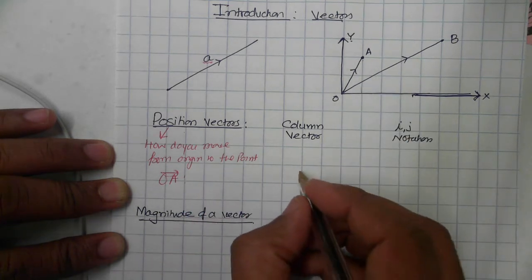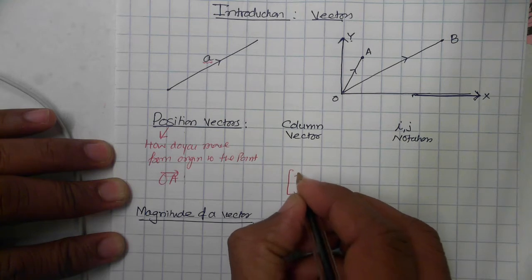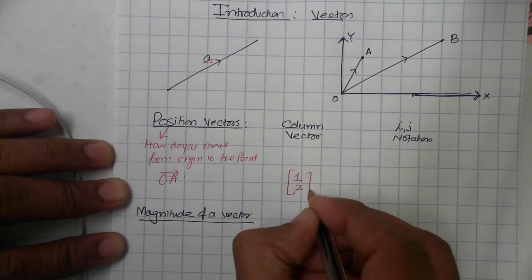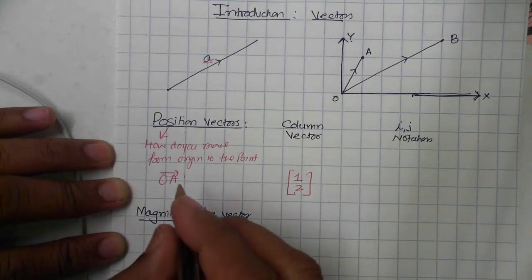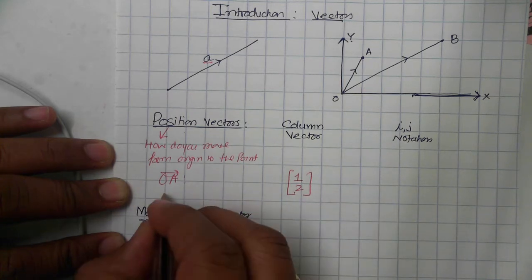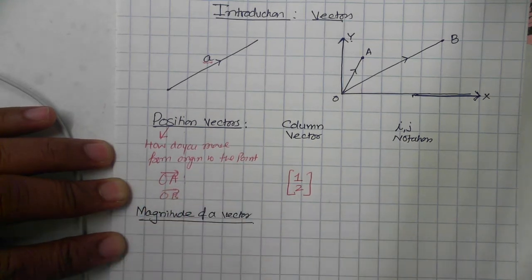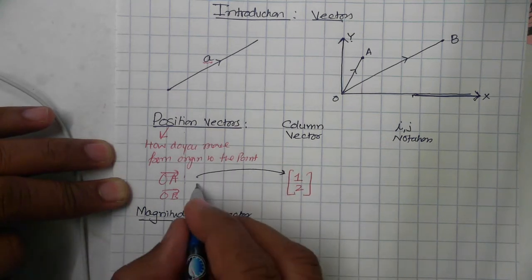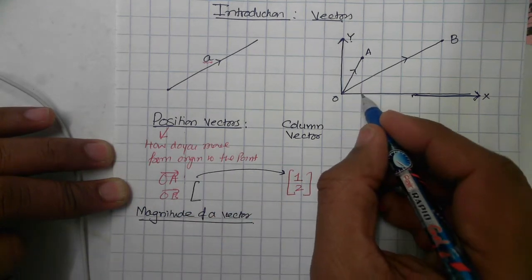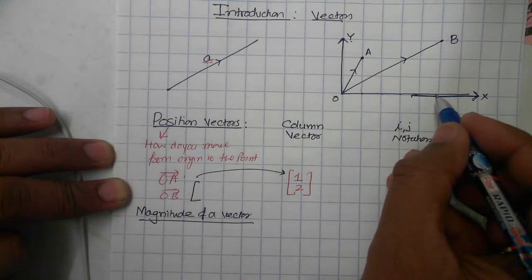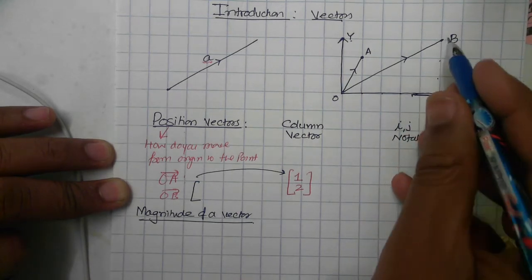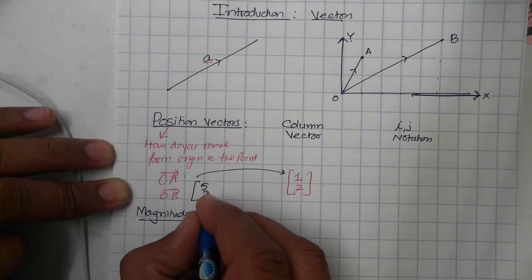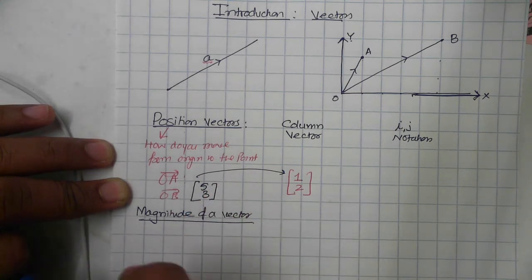So if you write this as a column vector, OA is (1, 2). The position vector OB would be 1, 2, 3, 4, 5 steps to the right and 1, 2, 3 to the top. So (5, 3), sorry.